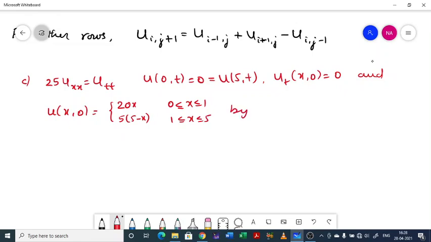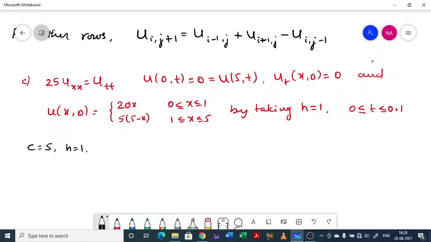By taking h equal to 1, compute u of x comma t for 0 less than or equal to t less than or equal to 0.1. So just giving you a hint here. So here c is 5, h is 1, and you have to compute k, right?